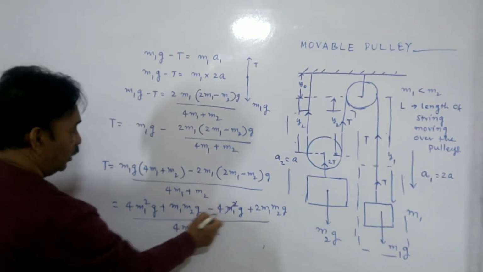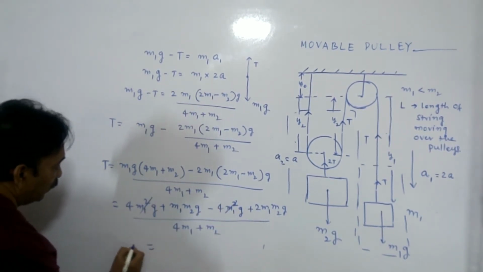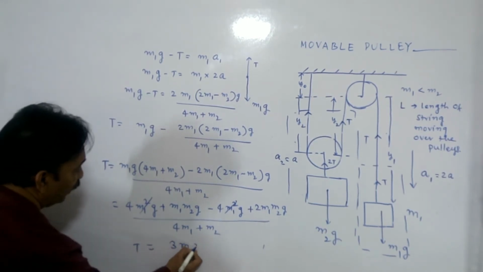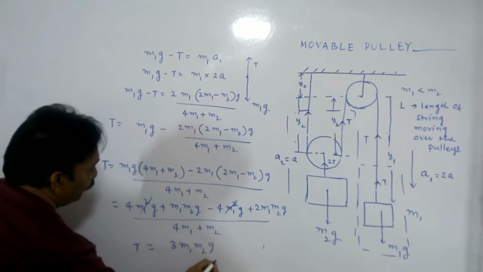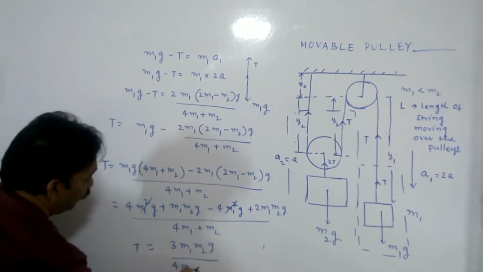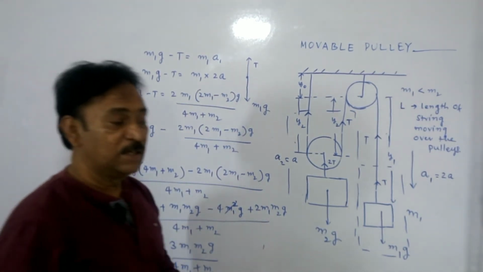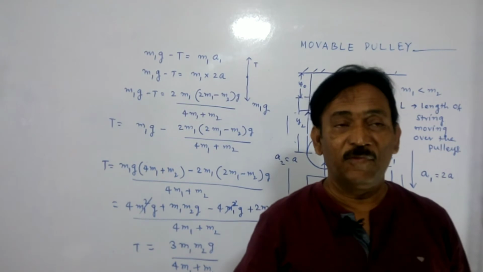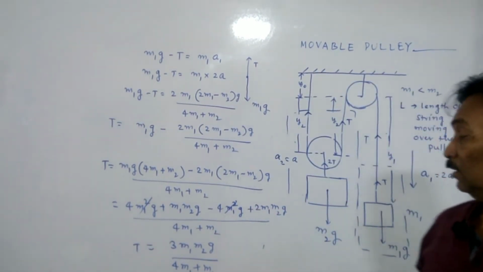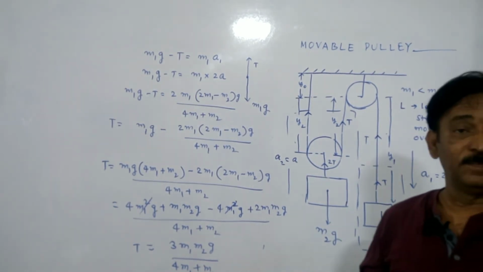Simpler terms get cancelled and we get tension is equal to 3m1m2g by 4m1 plus m2. By using these relations, you can find out the tension as well as the acceleration of the system, students.